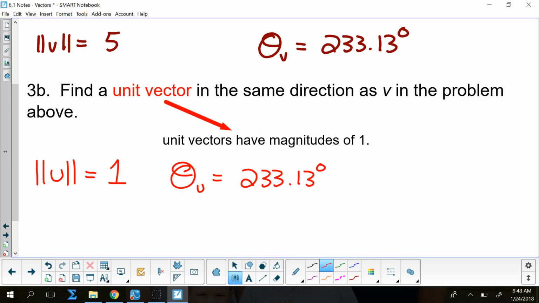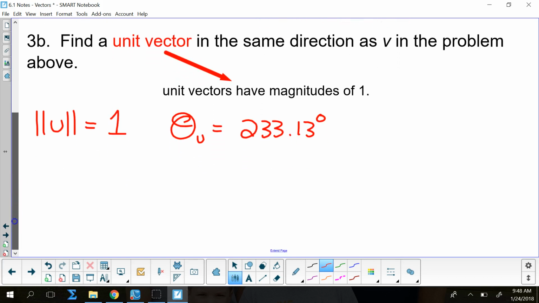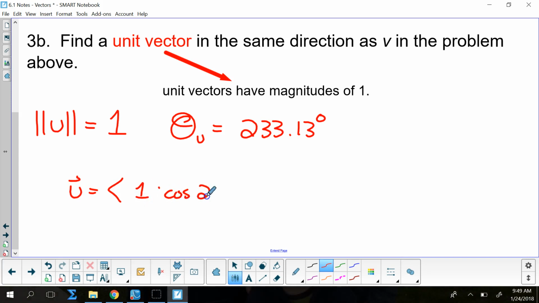So u then, in component form, is going to be the magnitude of u, which was 1, times the cosine of u's direction, comma, the magnitude times the sine of u's direction.